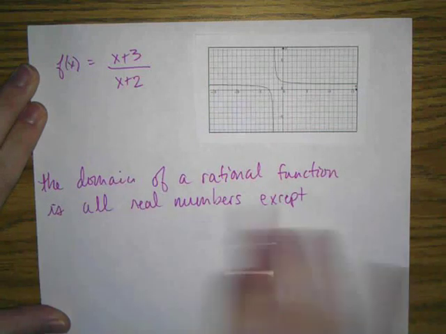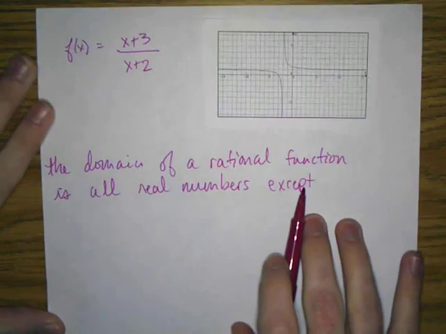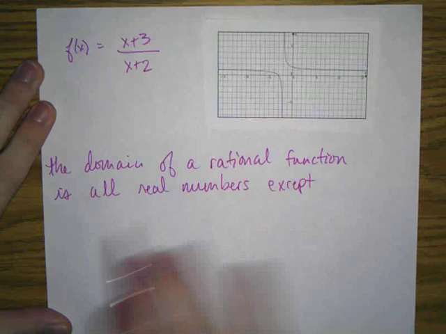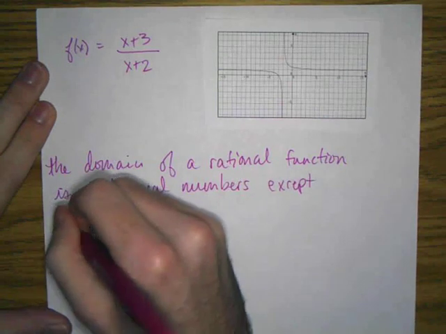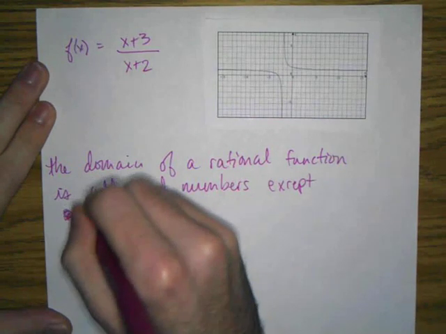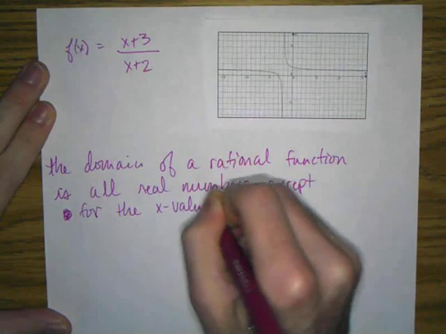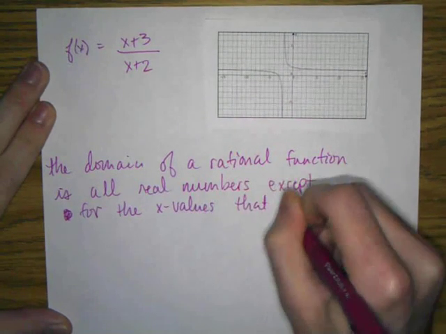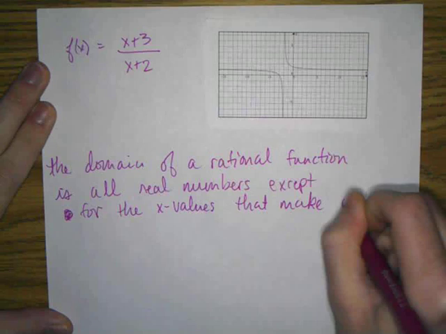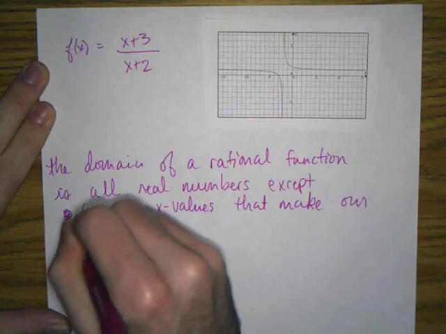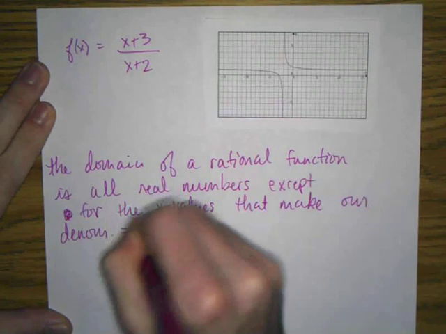So if we have a rational function, where would we have issues with our domain? The domain is all real numbers except for the x values that make our denominator equal to 0.